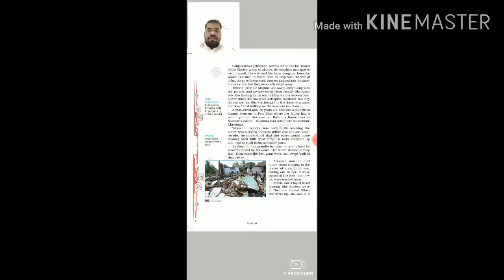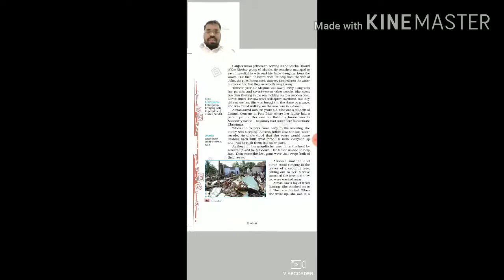Thirteen-year-old Meghna, the third story, was swept away along with her parents and 77 other people. That is more destructive. Meghna's story. She was swept away along with her parents and 77 other people.